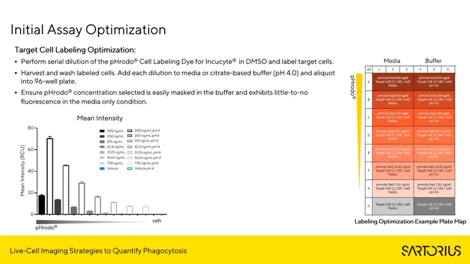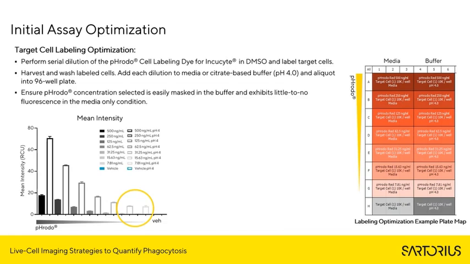When selecting the Frodo concentration for your target cell, it's important to select a concentration that is easily masked in the buffer condition and has a good signal and exhibits little to no fluorescence in the media only condition. For example, on this graph, we'd recommend one of the lower concentrations because we've got that minimal signal in media, but we've still got a good mean intensity in the buffer conditions.